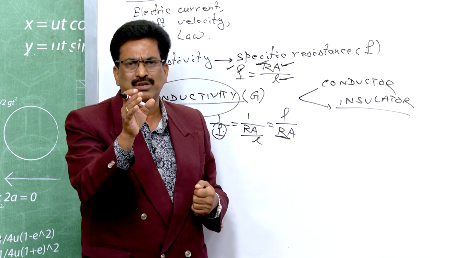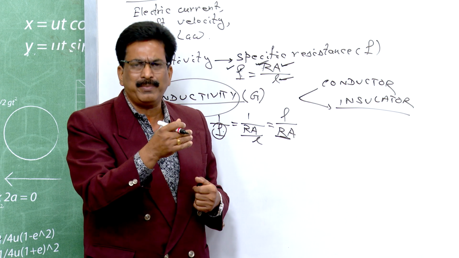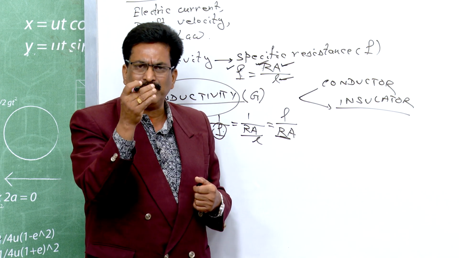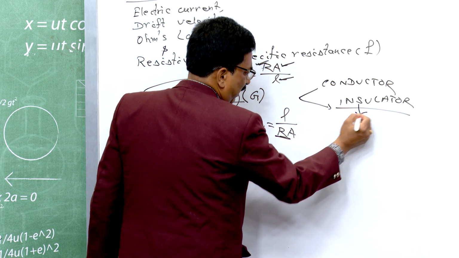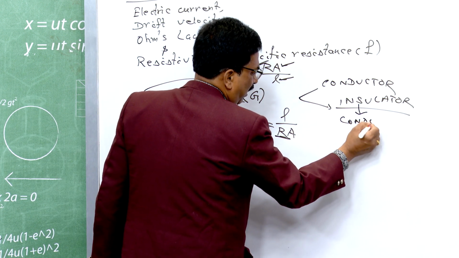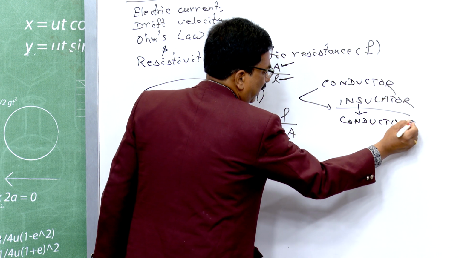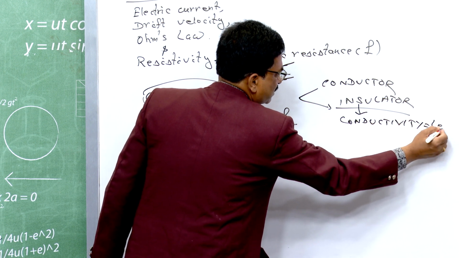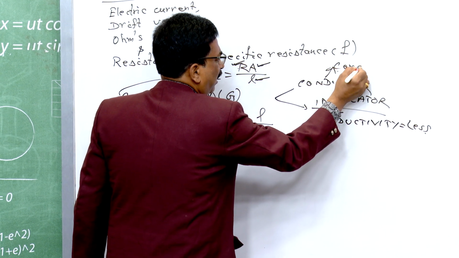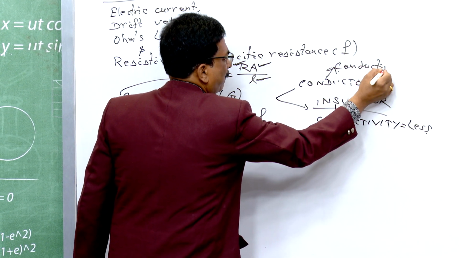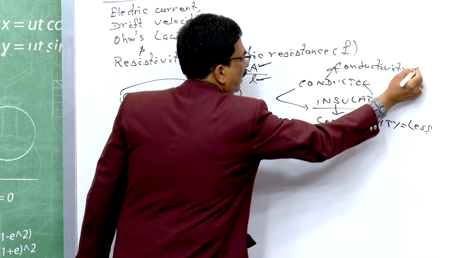If the opposition is more, the thing which is to enter, that magnitude will gradually decrease. Therefore, in case of the insulator, the conductivity is less, and for the conductor, the conductivity is more.